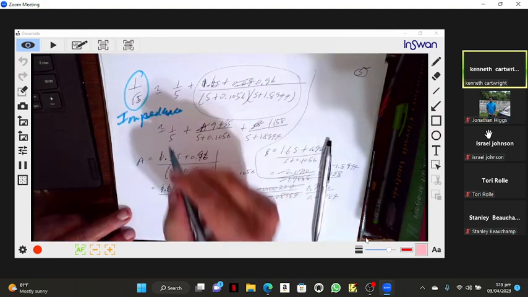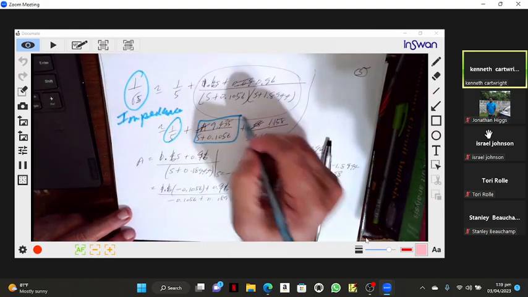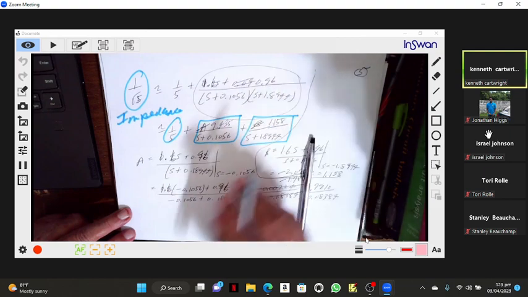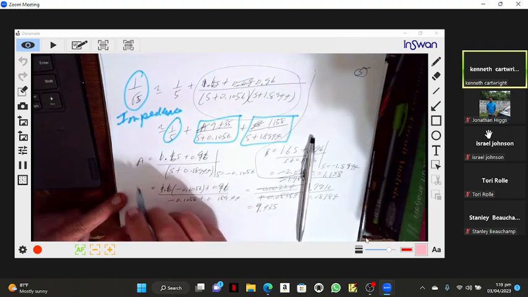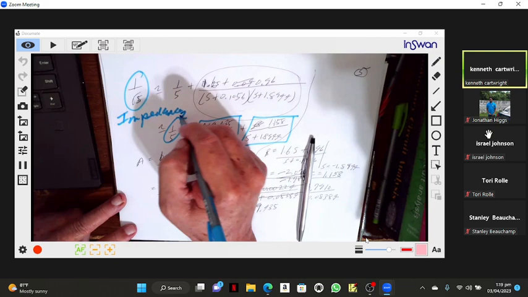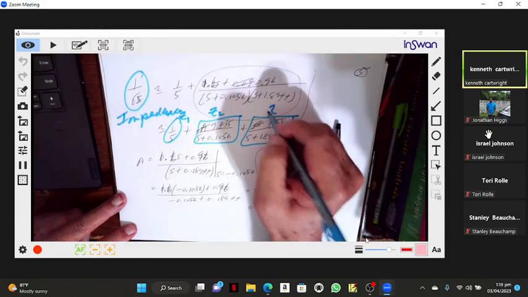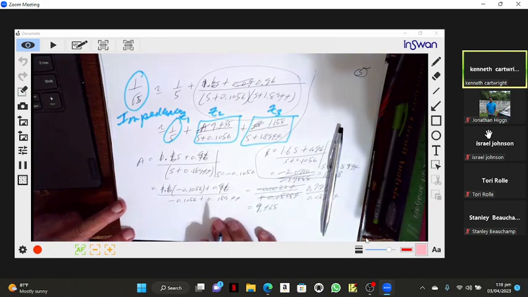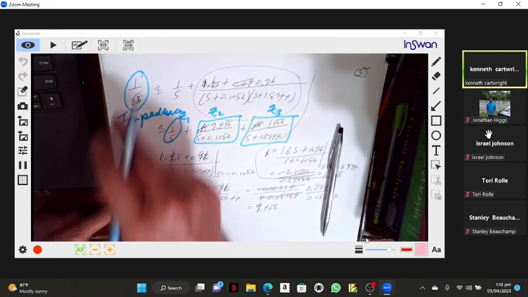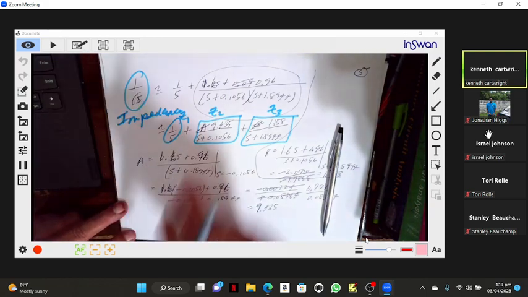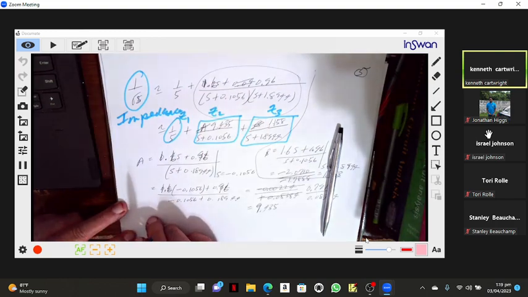Impedance is this plus this plus this. That impedance is Z1 plus Z2 plus Z3. So that impedance, using the second order approximation, is the sum of three impedances.